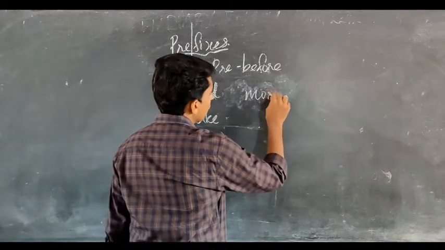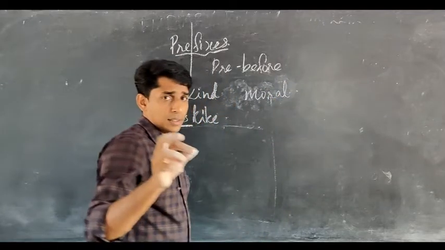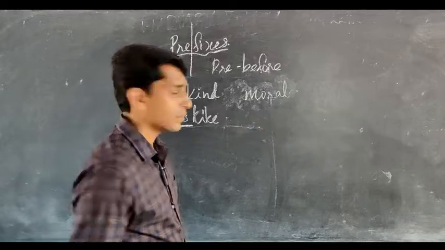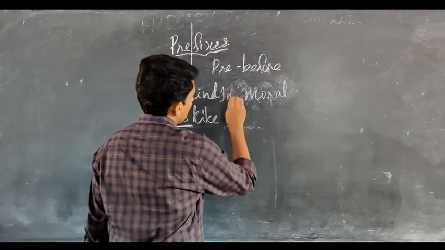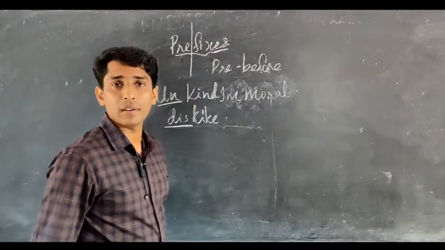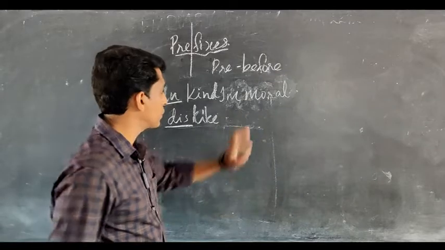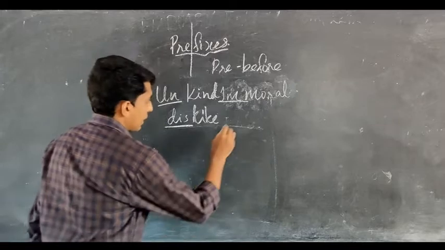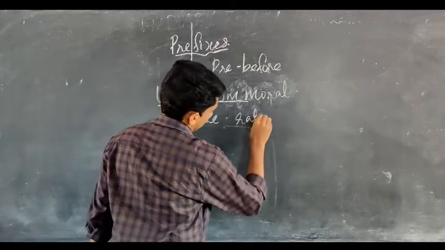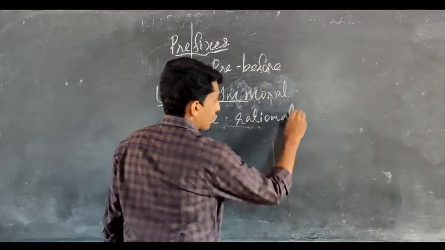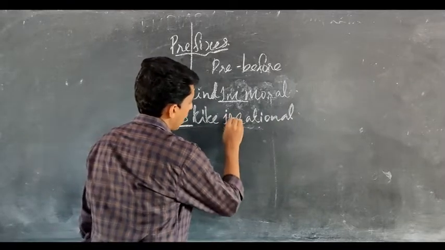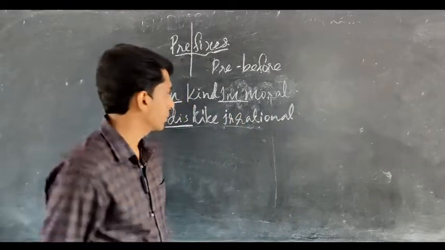And some are really different from this. Moral, immoral. The prefix for moral is im, immoral. Then another one, rational. We will say man is a rational animal. Irrational.